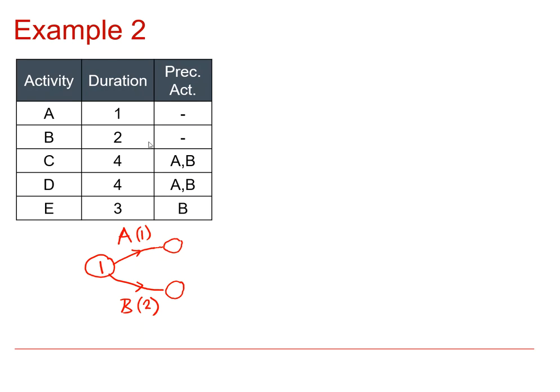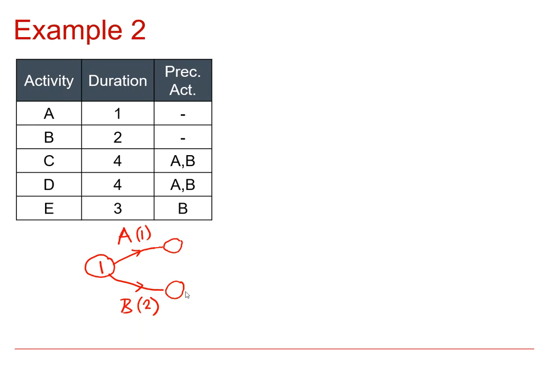And whichever we do, we're going to need a dummy activity between here, just like before, in order to make sure that both of them depend on both A and B.